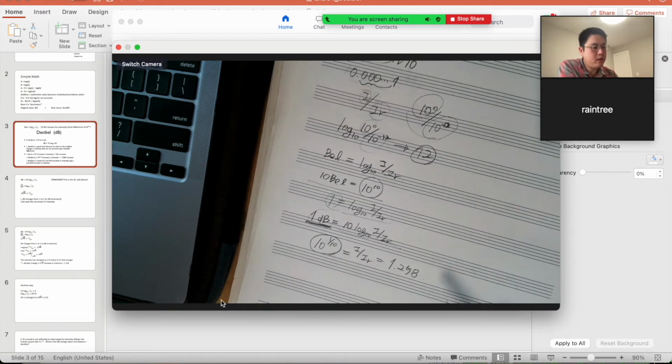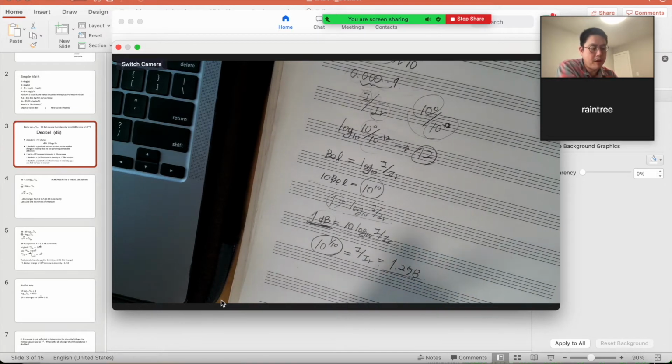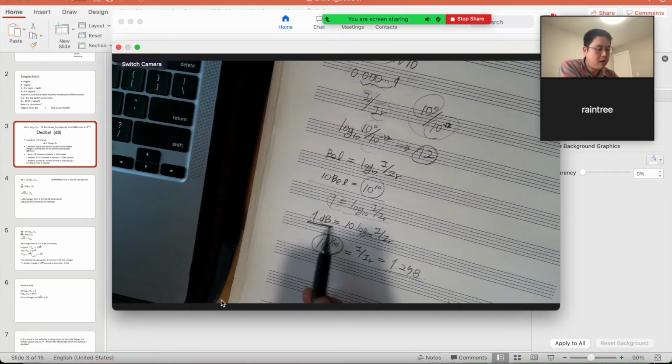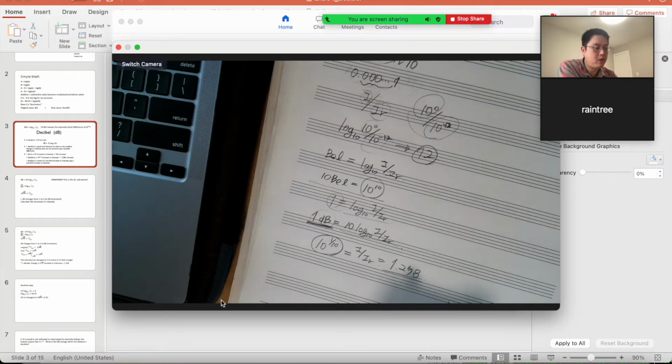So by using the decibel, we can more meticulously manipulate the sound intensity level, because with a 1 decibel increase, the sound intensity level is 1.258 times larger than the sound intensity level of the reference.